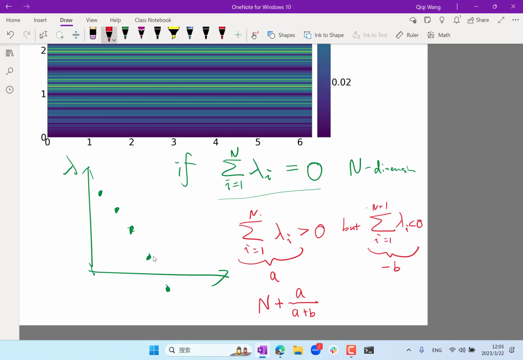In our special case, when n is equal to 1, a is going to be log m, which is the first exponent. b is going to be minus log m plus log a, the negative of the first exponent minus the second exponent, and therefore the dimension is equal to 1 plus log m over a plus b, which is going to be log a. So this is exactly what we derived for the Baker's map.